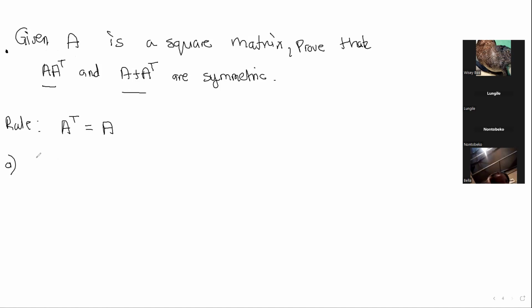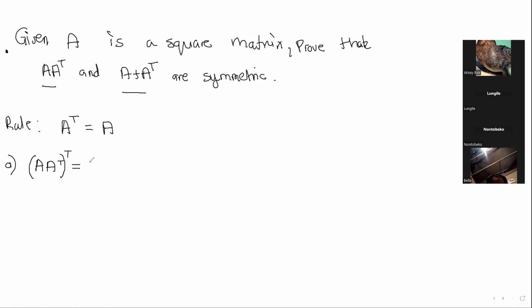Basically, this is what we're given. We want to prove that this is symmetric. In other words, imagine this whole thing being one letter A. When we take this whole thing and put a transpose here, what should we get?